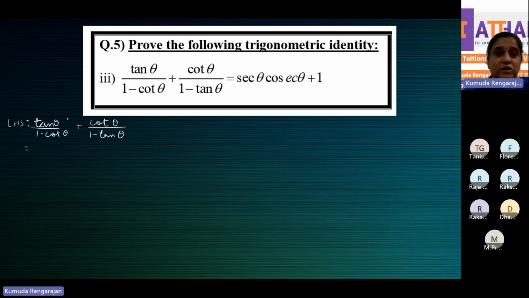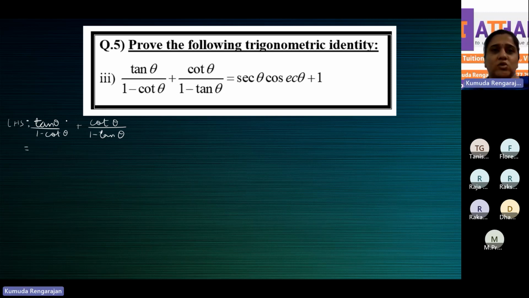But here, since we can do it in two ways, since tan and cot are reciprocal ratios, you can work this by having tan as it is and writing cot as 1 by tan, or by having cot theta as it is and writing tan theta as 1 by cot theta, or change everything to write tan theta as sine by cos and cot theta as cos by sine. So three options we have. All the three you will get the results in the same amount of time.